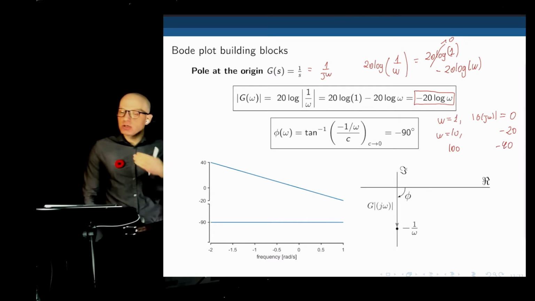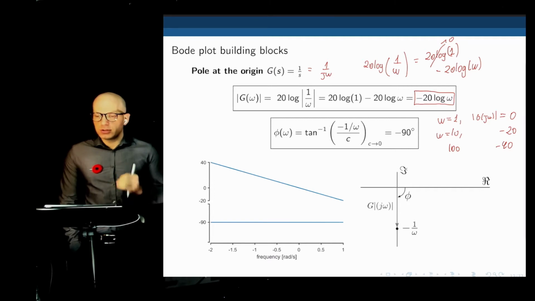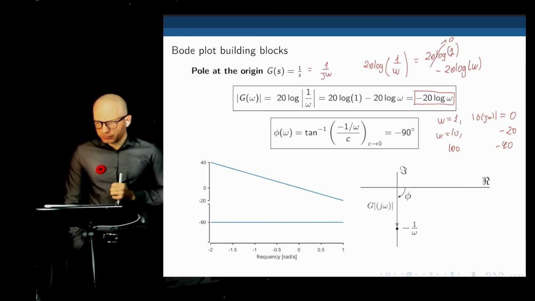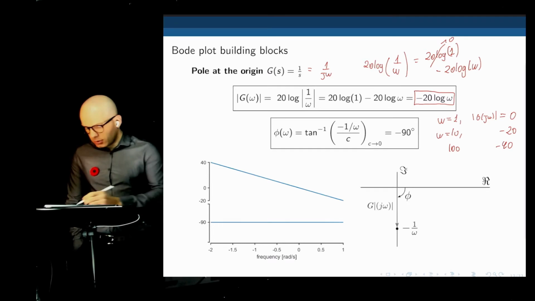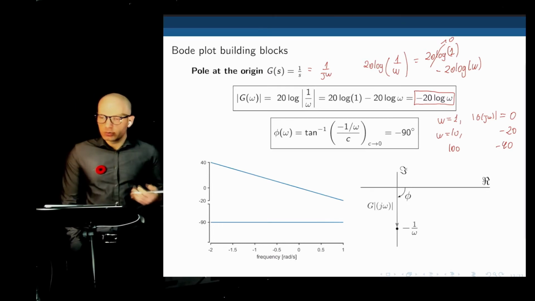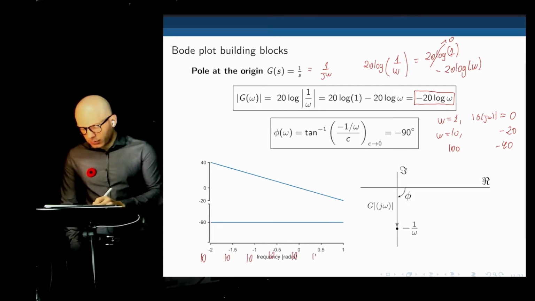As the frequency increases by a factor of 10, the magnitude on the Bode plot decreases by 20 decibels. This increase by a factor of 10 in frequency, we are going to call a decade. One decade in frequency results in a magnitude decrease of 20 decibels.